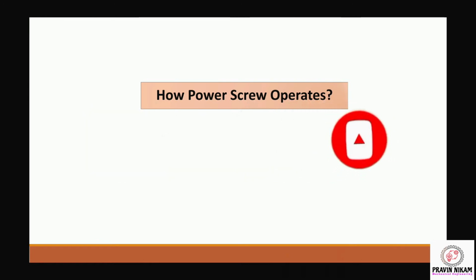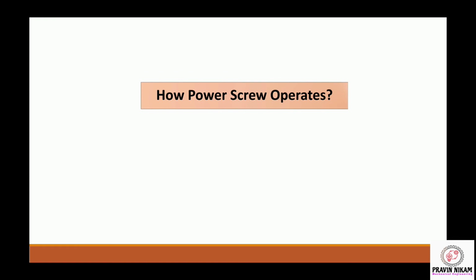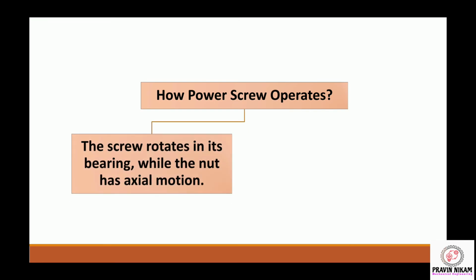Then the next question arising from this discussion is how the power screw operates. So there are two ways. One is the screw rotates in its bearing while the nut has axial motion. The screw is rotating in a stationary bearing, and the nut has axial motion.